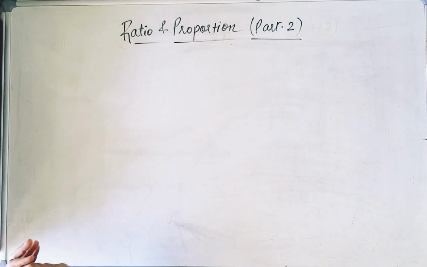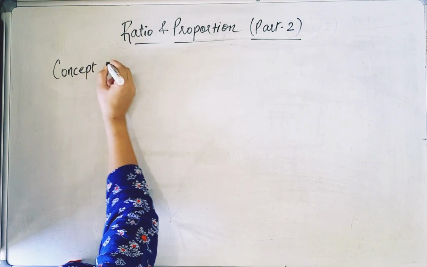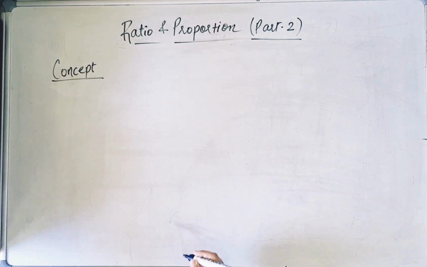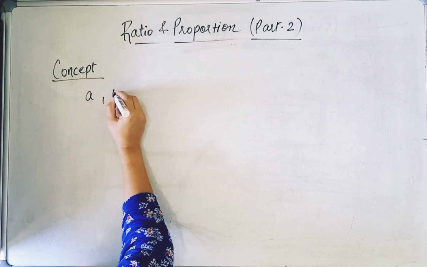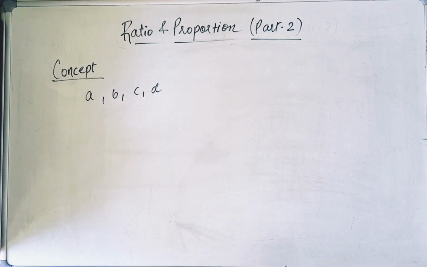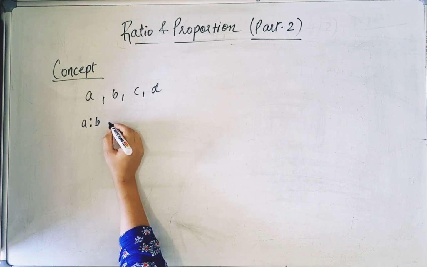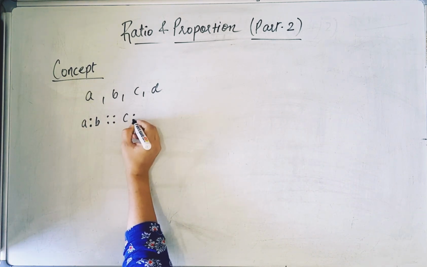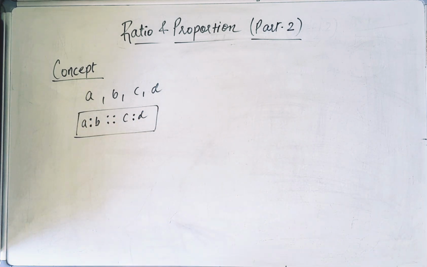So we'll first study the concept of proportion. See, when we talk about proportion, let's suppose I have 4 non-zero quantities A, B, C, D. If these 4 non-zero quantities are in proportion, we say A is to B proportion C is to D. So this is the basic concept that we should know.